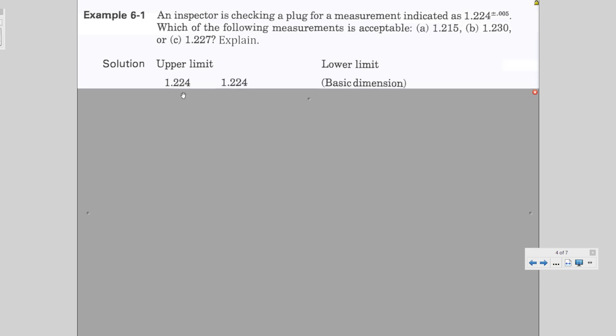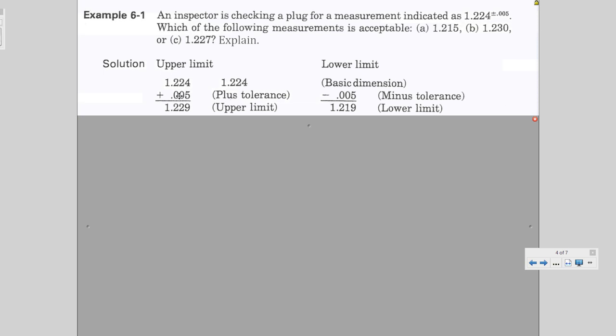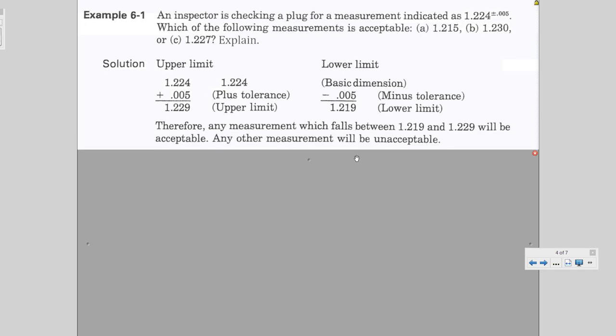You've got the measurement as indicated, and then you do the upper limit and the lower limit by adding and subtracting the 0.005. So this tells us that the plug has an upper limit of 1.229 and a lower limit of 1.219. So now any measurement that's between the two will be fine.